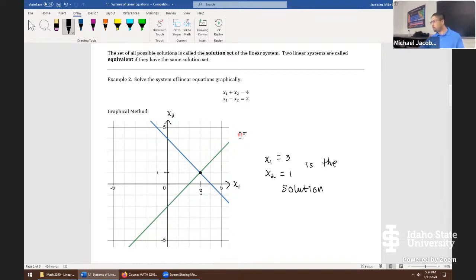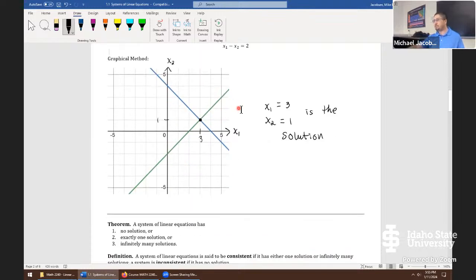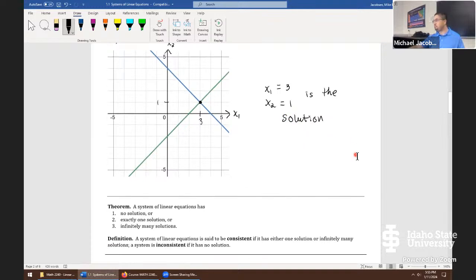Okay, now when we're looking at these linear equations, the trouble with them is if we're working in higher dimensions, maybe it's not x1, x2, it could be x1, x2, x3, x4, and so on. These graphs are really almost impossible to produce, less valuable in that sense. But when you see this graph, it gives us a sense of what's going to happen to a system of linear equations.